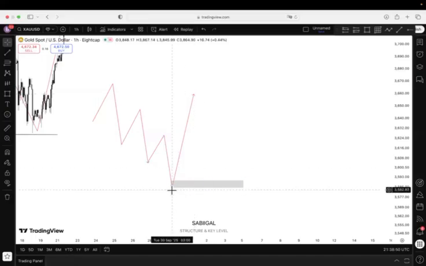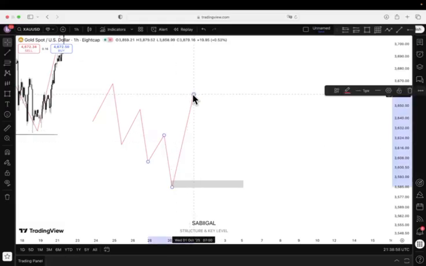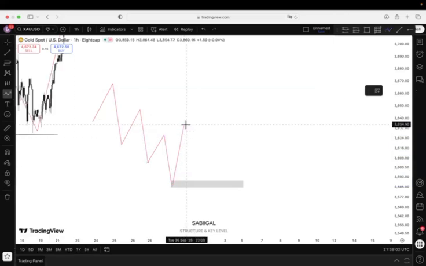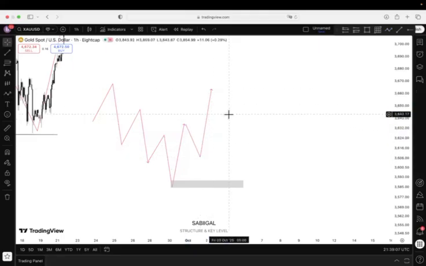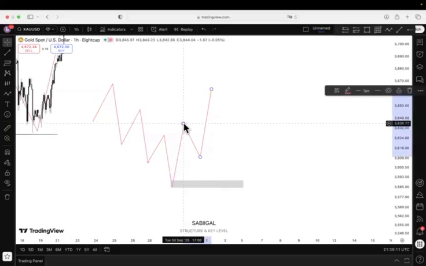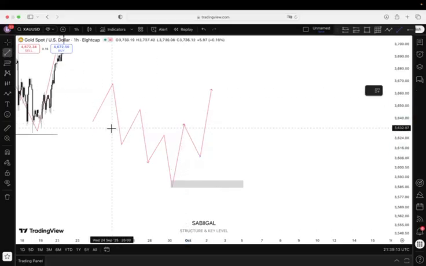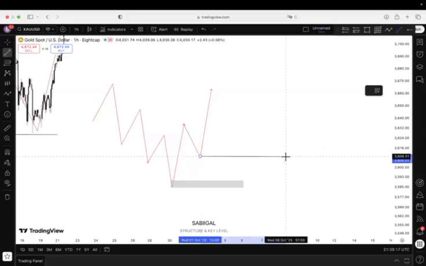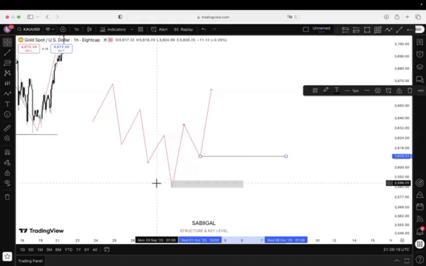After it broke the first one, if it retraced back and then broke the second one, do you call the retracements a lower high, or do you just mark it straight? If it fits the quality of a proper break of structure, then this is first strongly or this second strongly.